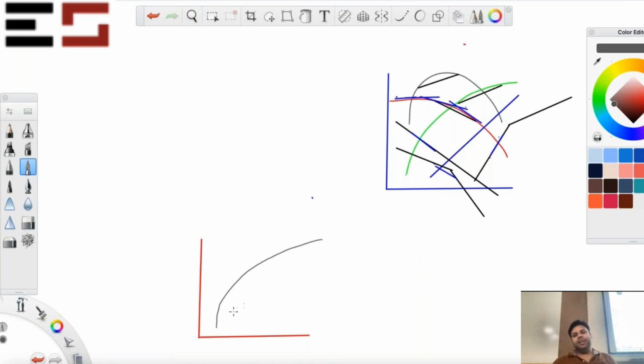Do you agree this is also strictly increasing and it's convex? Do you agree this is also strictly increasing? It's neither concave nor convex. So anything can happen. Is that fine? Yeah. Okay.